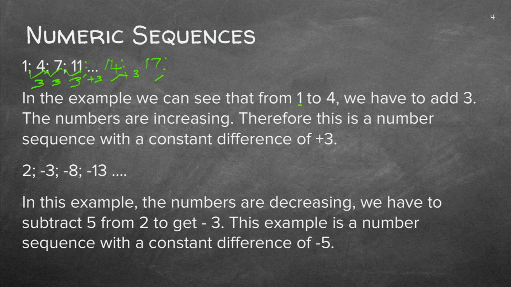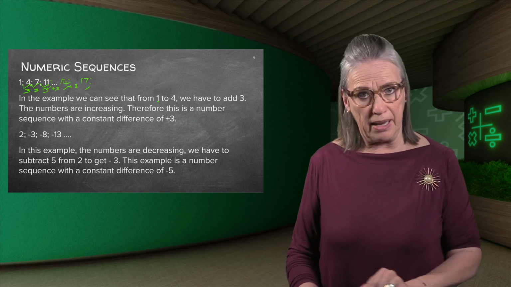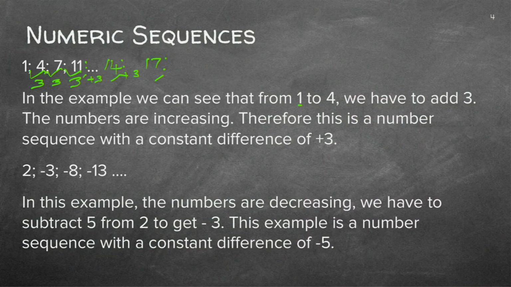Okay, another example, 2; -3; -8; -13. In this example, the numbers are decreasing because it's a minus, but it's also increasing because the number is getting bigger. It is just increasing on the left side. But in order to get the next number, we see from 2 to -3, we have to subtract 5. And to get from -3 to -8, we also have to subtract 5.